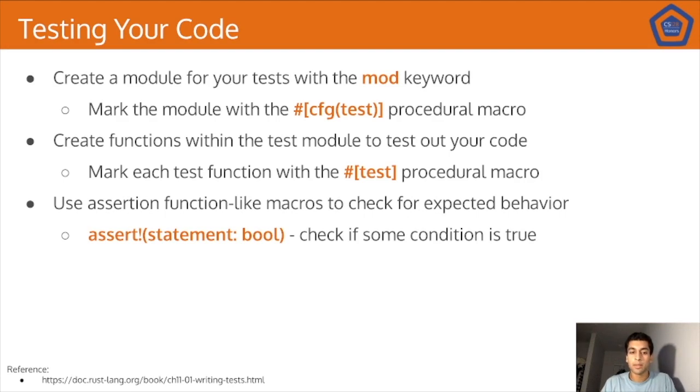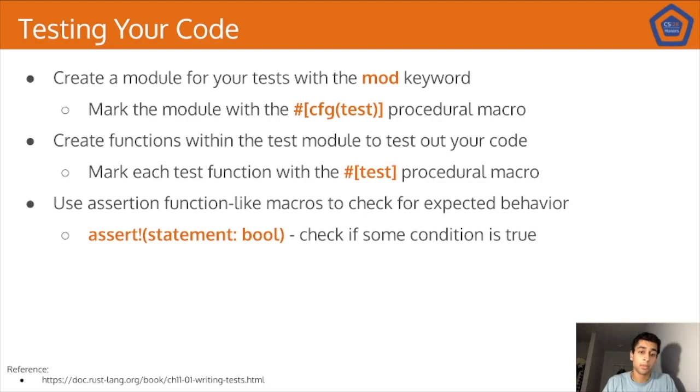You have a statement here that must be a Boolean, and assert will make sure that this statement is true. If the statement is false, Rust will panic. So if you use assert in your main function, Rust will panic and exit the program if your assertion fails. But in your tests, assert is sort of like a test case.